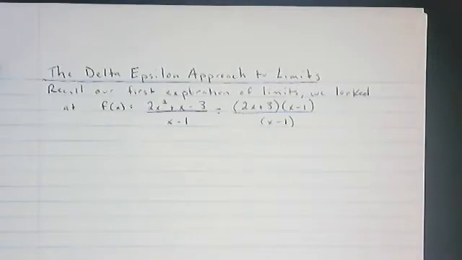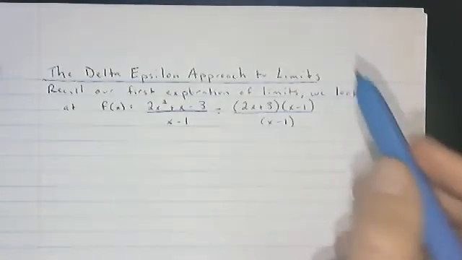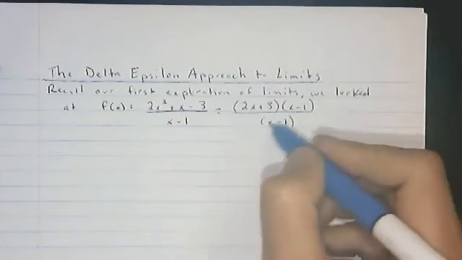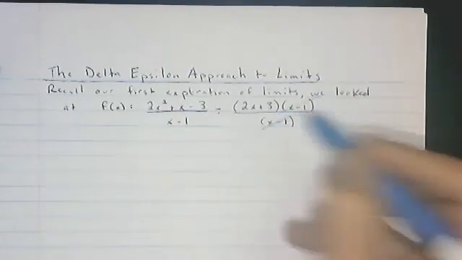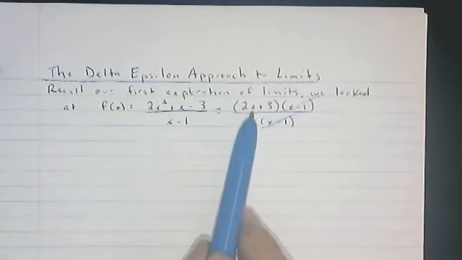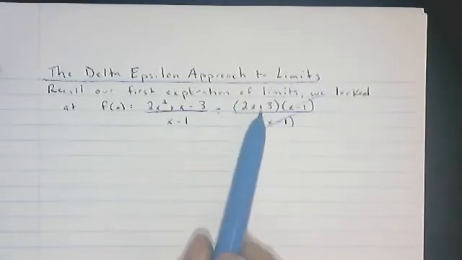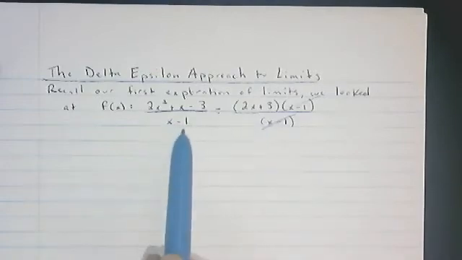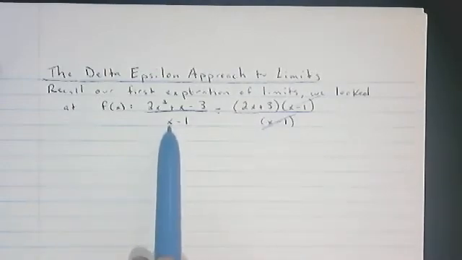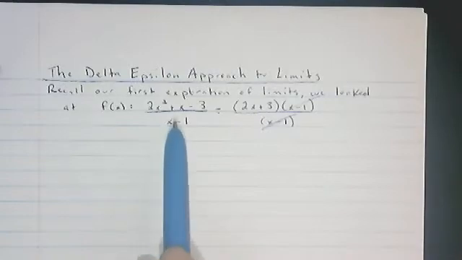What we were able to ascertain was that this is almost the linear function 2x plus 3. It really behaves like it in almost every respect, the exception being at x equals 1, where we don't have a function value.